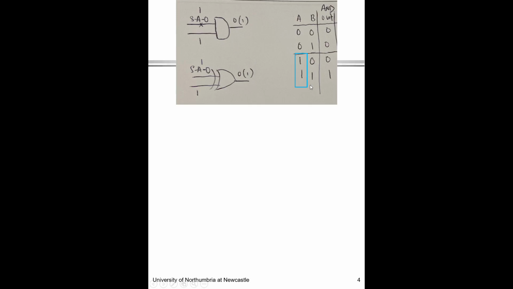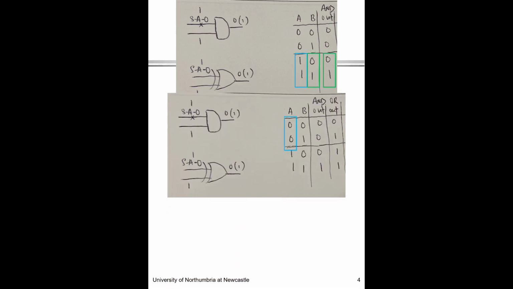It's like a mirror of the input B. So in an AND gate, we only look at the input 1 to test the stuck at fault, regardless of stuck at 1 or stuck at 0. You may refer back to your notes to understand the basics of this. You can easily see the pattern of it: for an AND gate, the other input is 1 to catch the stuck at fault.